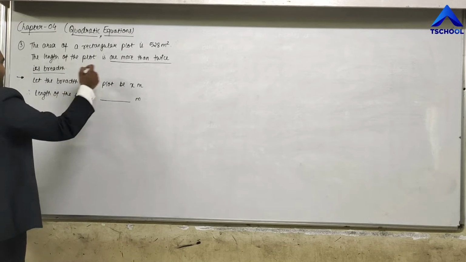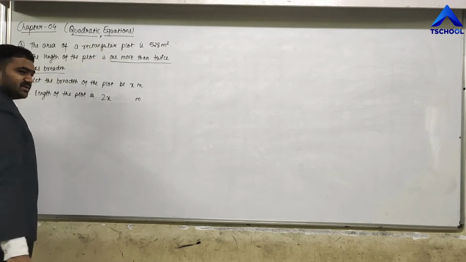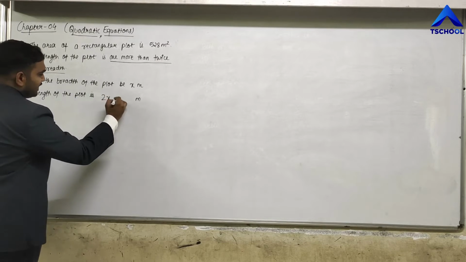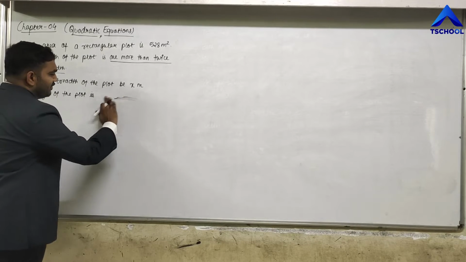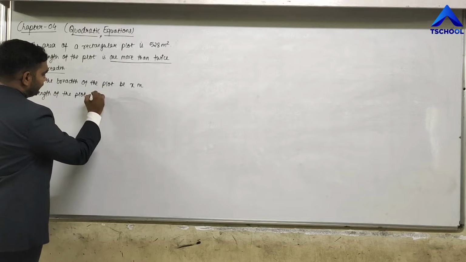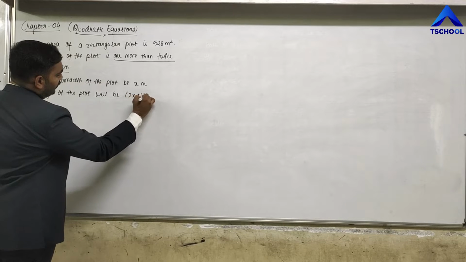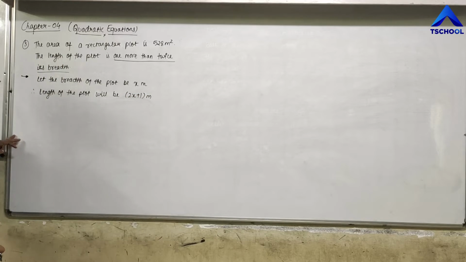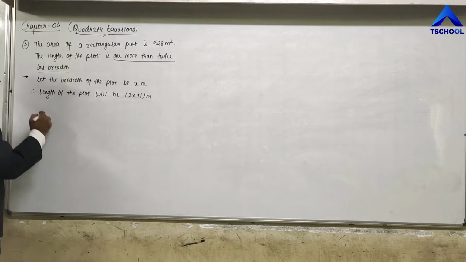So finally the length of the plot will be 2x plus 1 meters. So we got the length and breadth in the form of our variable.